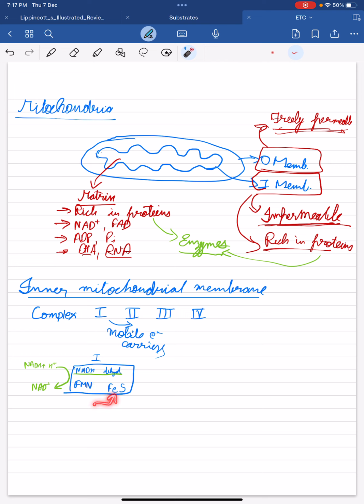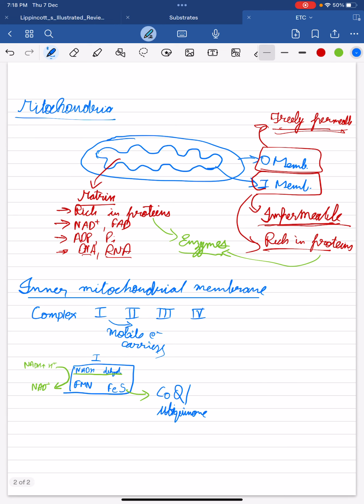Ultimately, the electrons are transferred to the iron sulfur center, and from the iron sulfur center they are then transferred to a mobile electron carrier, which is coenzyme Q, which is also known as ubiquinone.